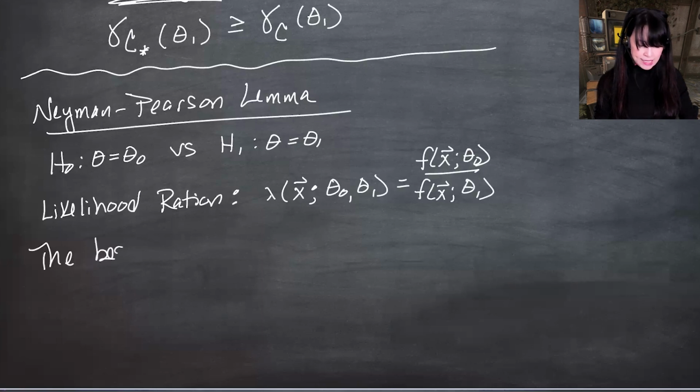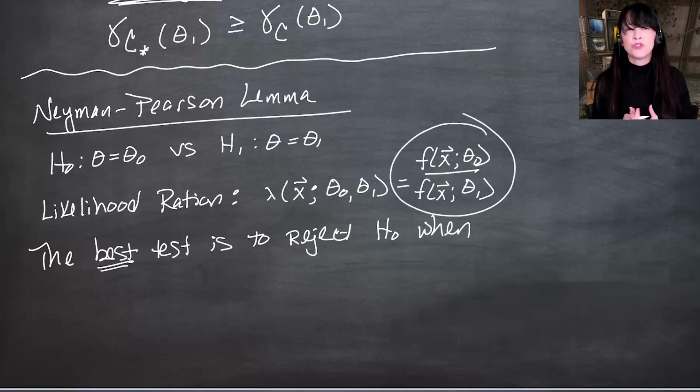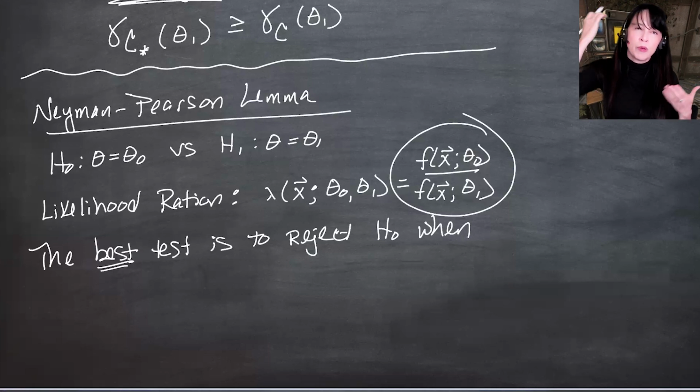The best test is to reject the null hypothesis in favor of the alternative when this is small. Because if you think discrete random variables, then those joint PDFs are representing probabilities. The numerator is the probability your capital X1 through capital Xn is equal to lowercase x1 through lowercase xn when the null hypothesis is true, and the denominator is the same thing when the alternate hypothesis is true.